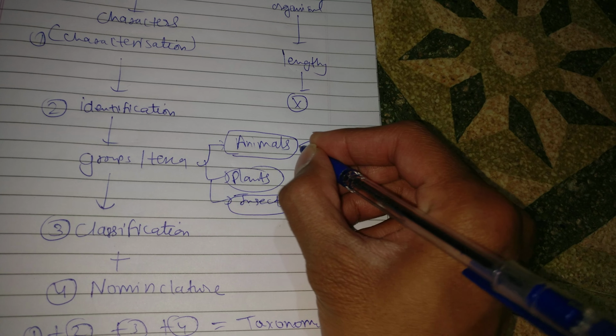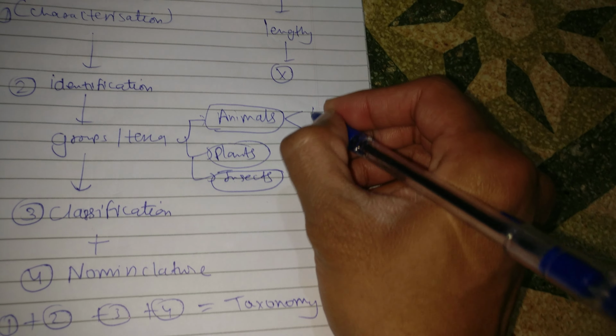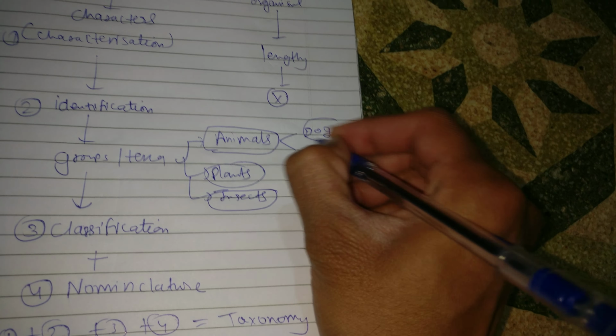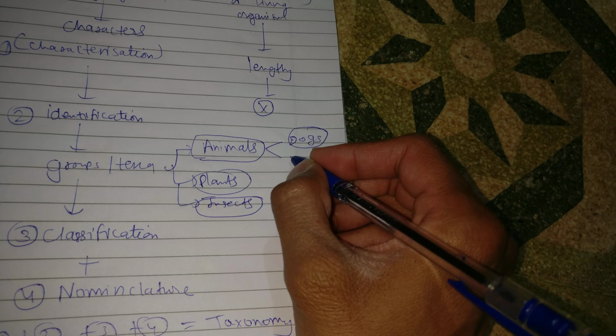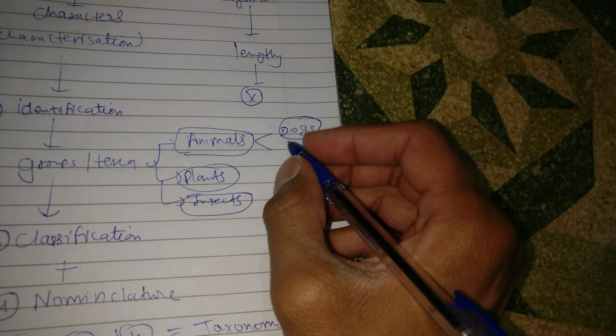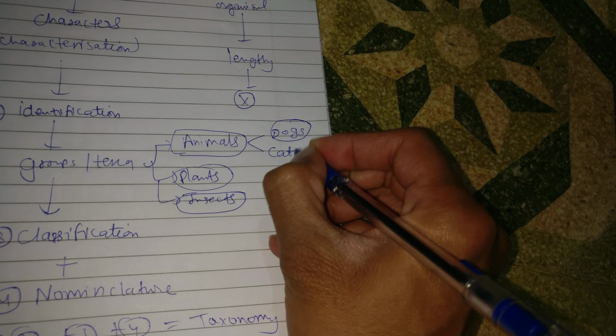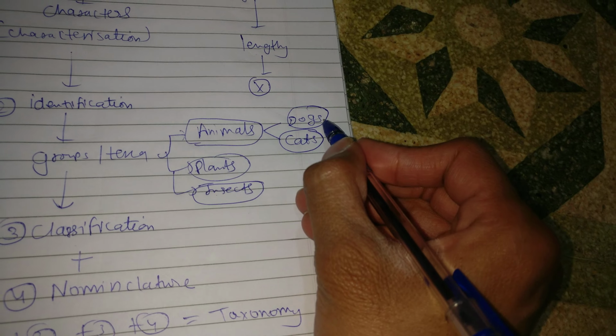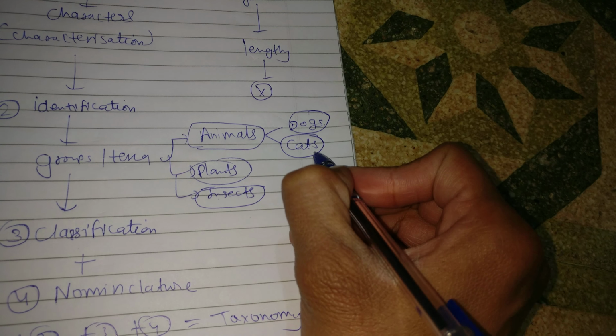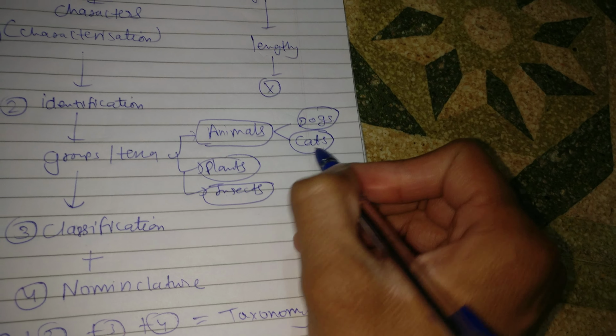For example, animals have a group of dogs, which has different species, and similarly in cats there are different species. This group of dogs is a taxa, a group of cats is a taxa.